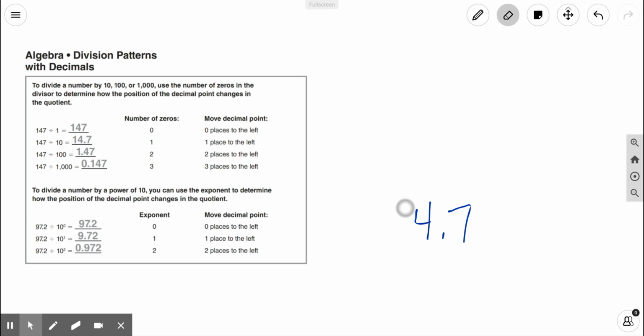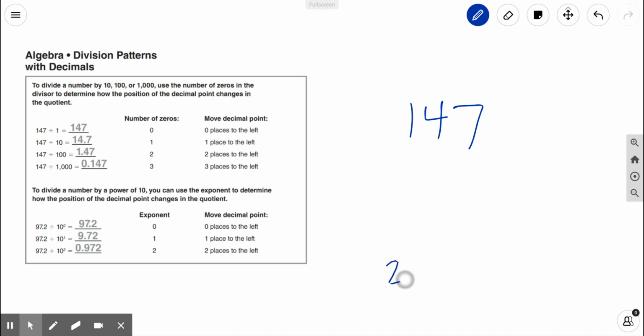Now, if I take 147 and I divide it by 100, how many zeros do I have? 2 zeros. So I'm going to start here where the decimal is, and I'm going to go 1, 2. 2 spots back. My new number is now 1 47/100. Okay? And then the same thing's going to be true for 1,000.